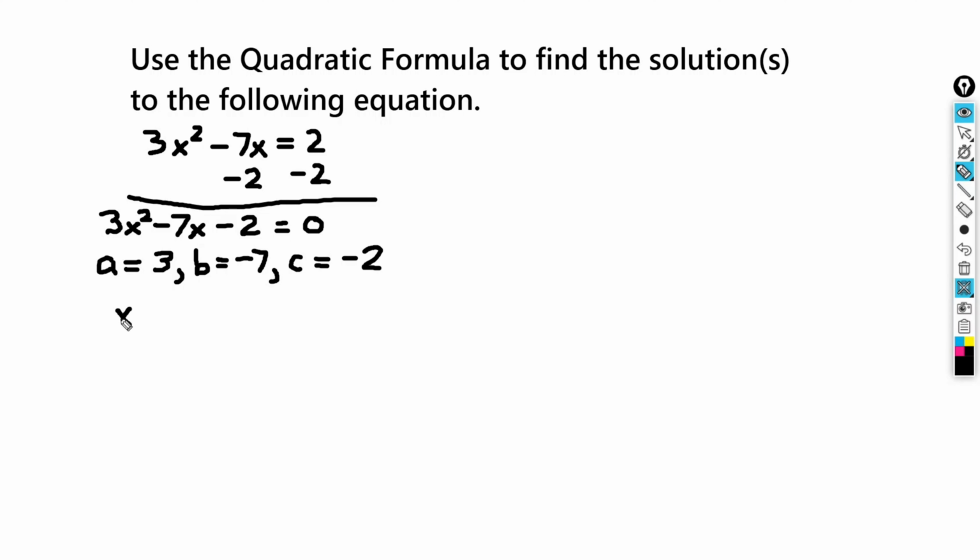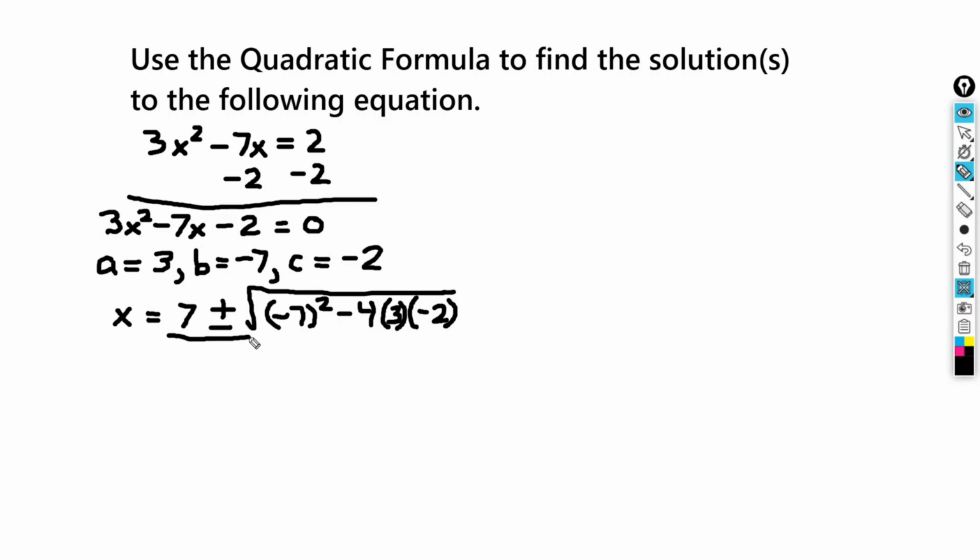So I'm going to say x equals negative b, so the opposite sign of b, so positive 7, plus or minus the square root of negative 7 squared minus 4 times 3 times c, which is negative 2. And that's all over 2a, so 2 times 3.